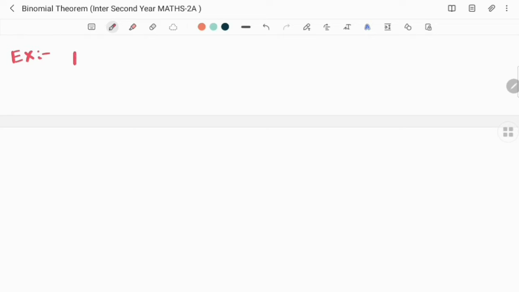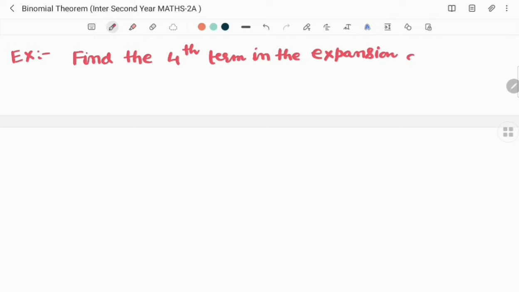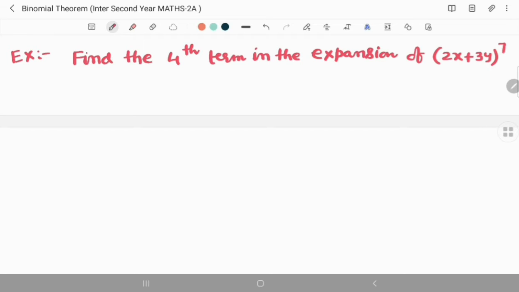Find, the 1 minus and 1 plus concept we will take. Find the fourth term in the expansion of (2x plus 3y) whole power 7.